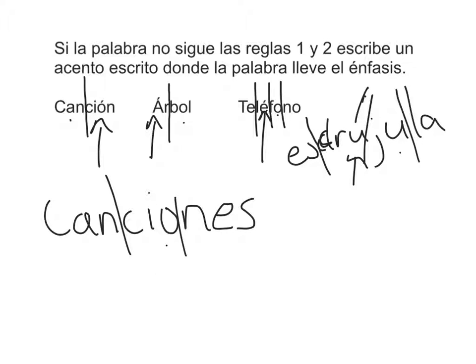When I say the word canciones, it goes up in the same place. My voice goes up where it's supposed to. Therefore, no accent. So in the singular form, canción gets an accent, but in the plural, once we add the ES, no accent.